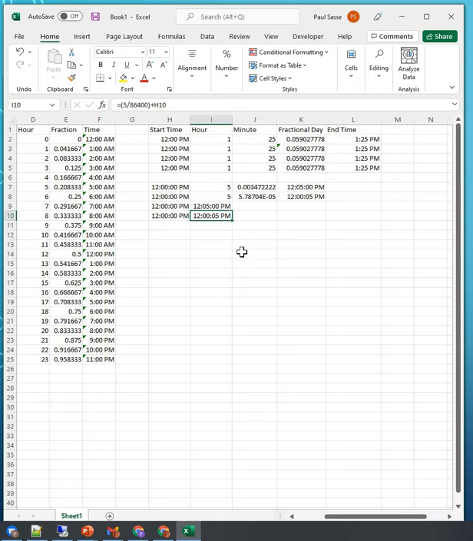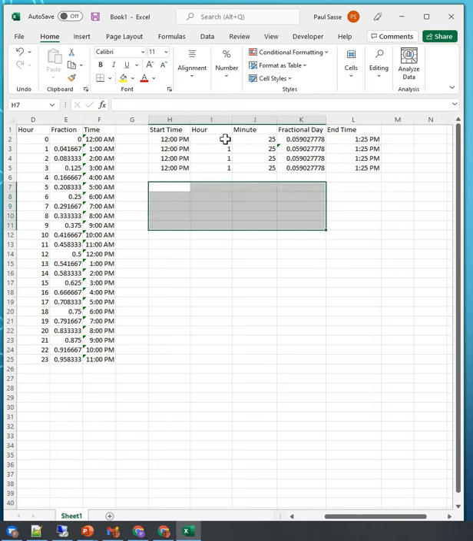Okay, so if you understand that time is a portion of a day, then that makes doing these time calculations easier. So, for example, 12 p.m., I want to add 1 hour, 25 minutes.